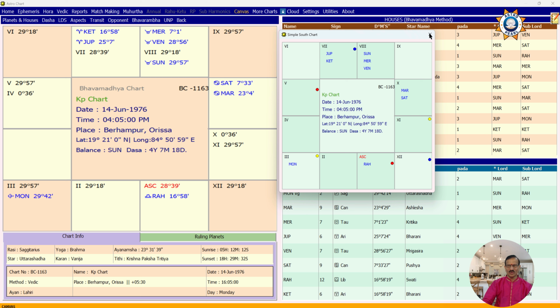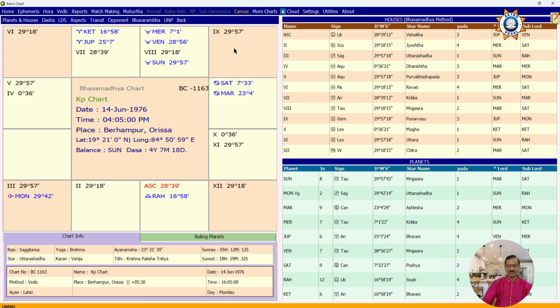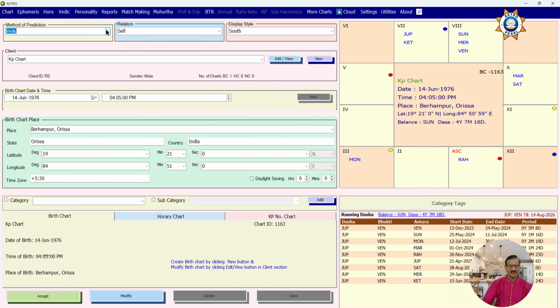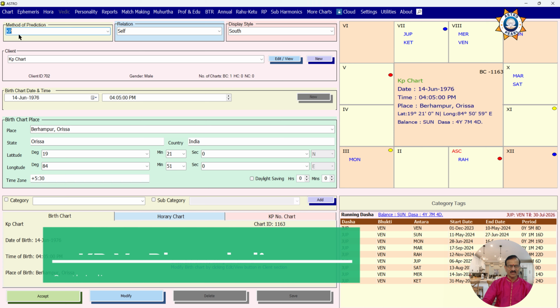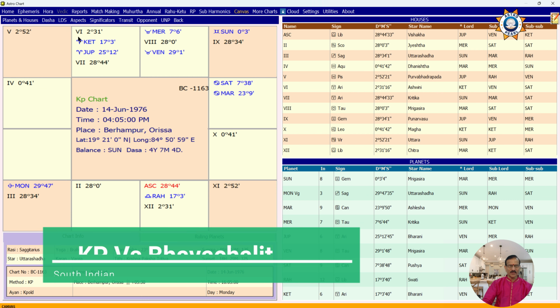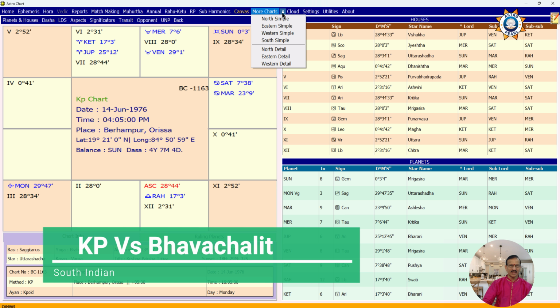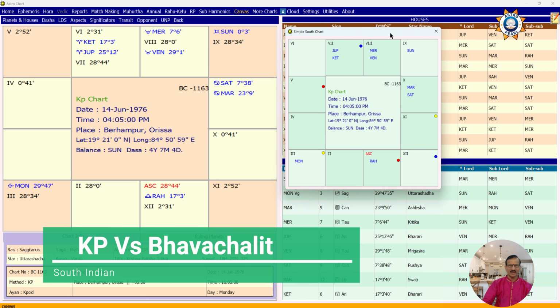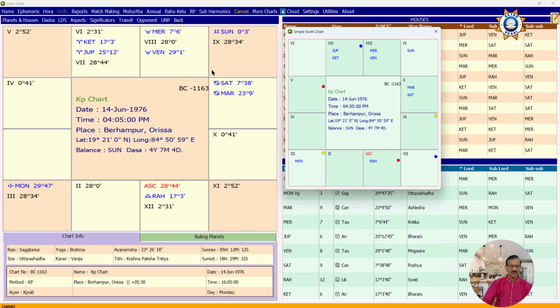Okay, now I'll shift to KP and then show you the difference. From Vedic, I just clicked KP. We are back to KP here, and now you can see the difference. So what has happened? We were looking at the 7th house, which was at 28 degrees 44 as per KP, but the 6th has also moved here.